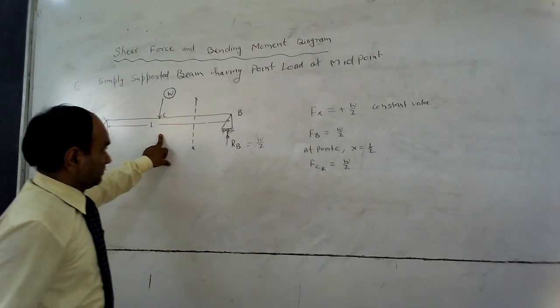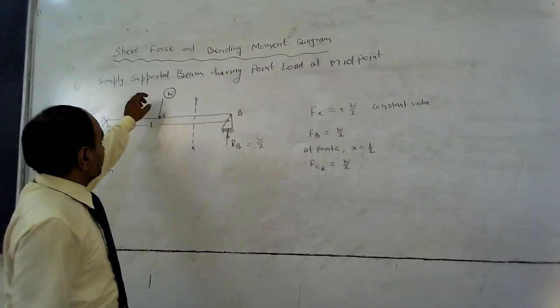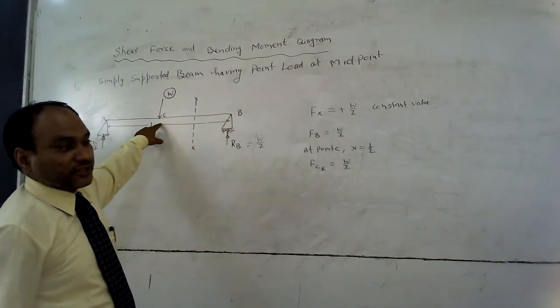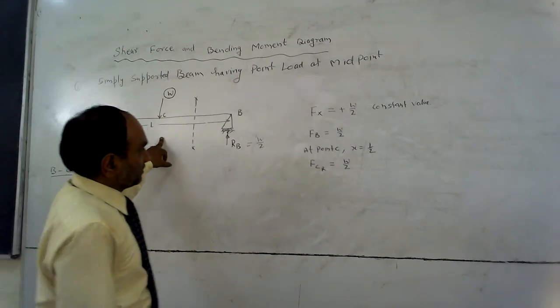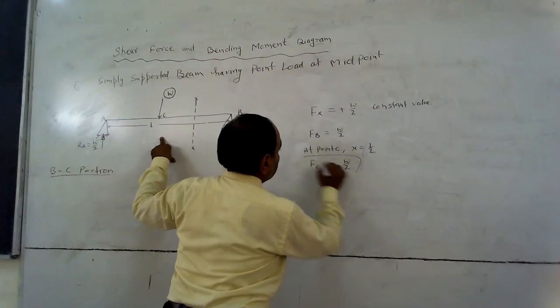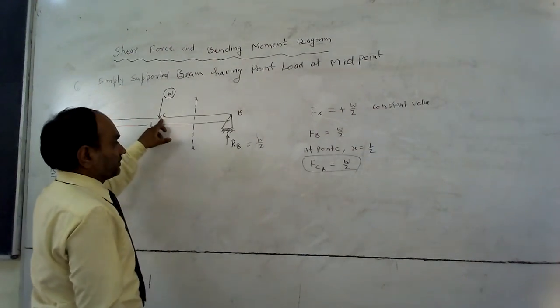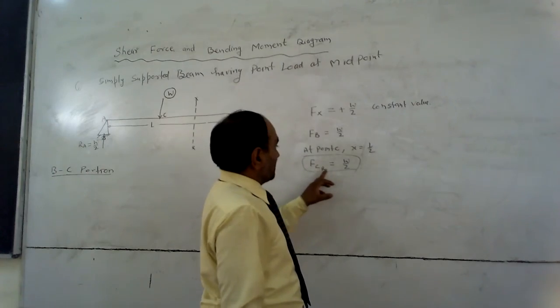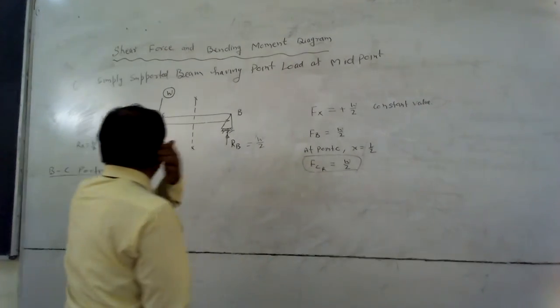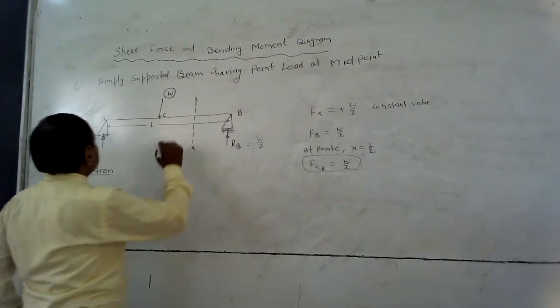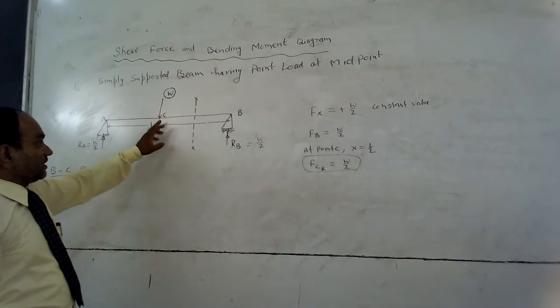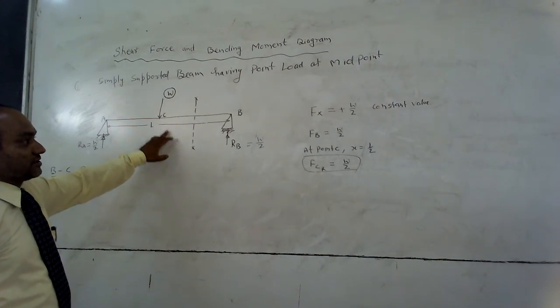As we have not considered the load W acting at point C, I have to consider only the right portion of C. So just the right portion, Fc right equal to W by 2. In this way I have calculated the shear force at point B and at point C, right of C.